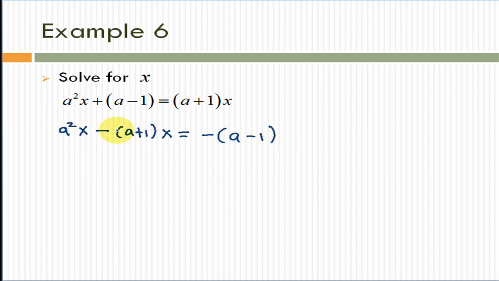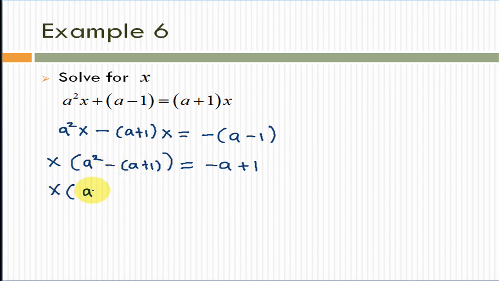Okay, each of these terms has x on it. We can factor x out. x times a squared minus a plus 1 equals, so minus a plus 1. Okay, let us simplify this a little bit. x times a squared minus a minus 1 equals, let me put 1 in front of it, 1 minus a, that's the same thing.